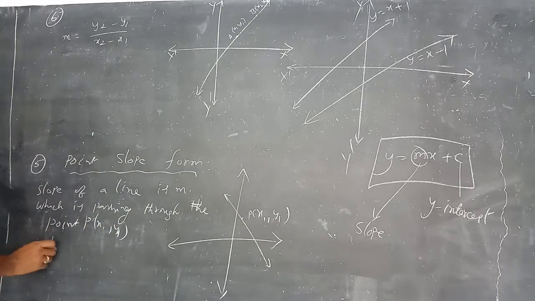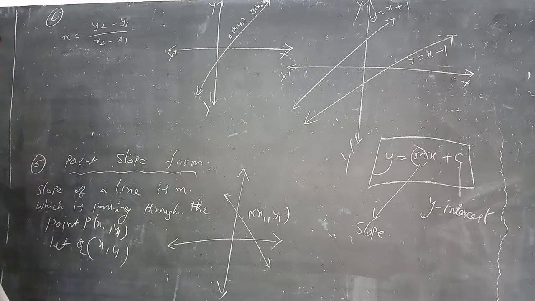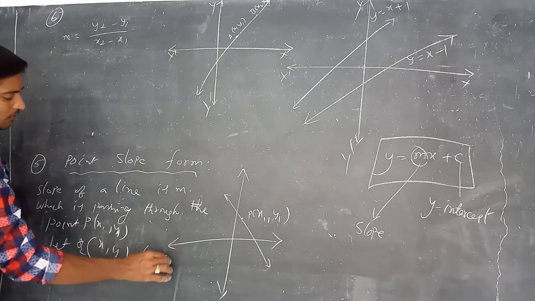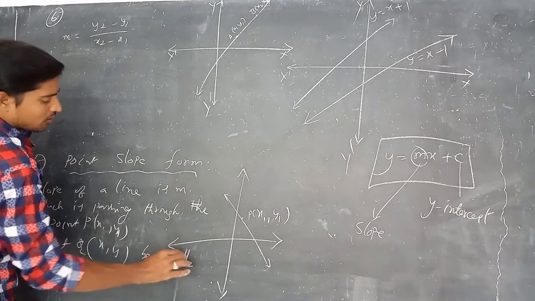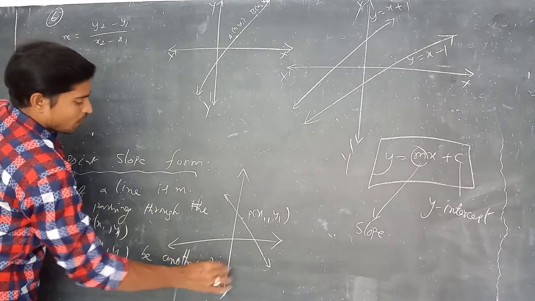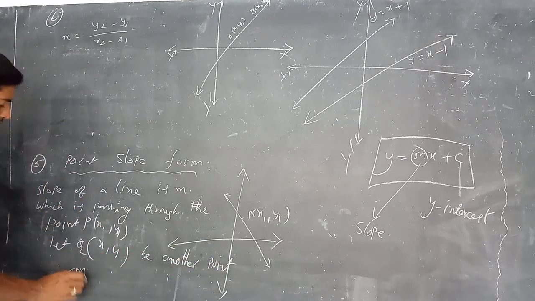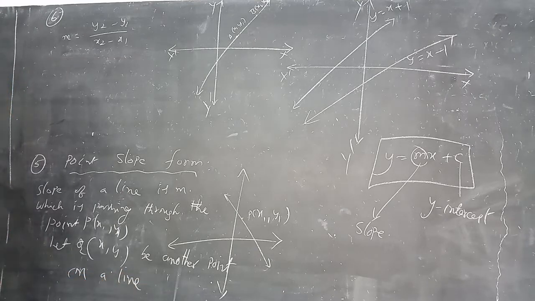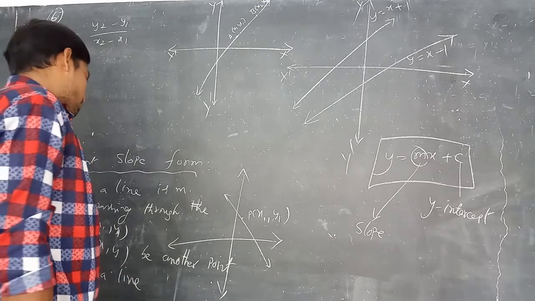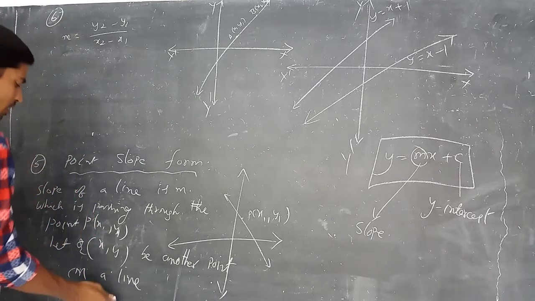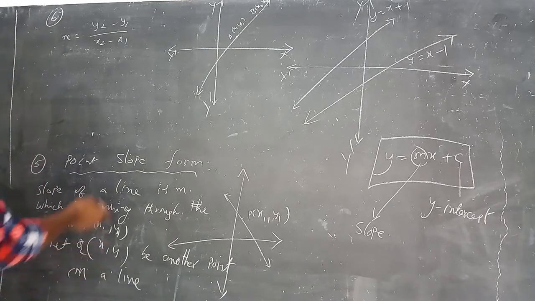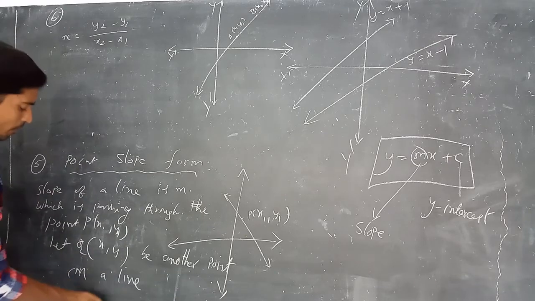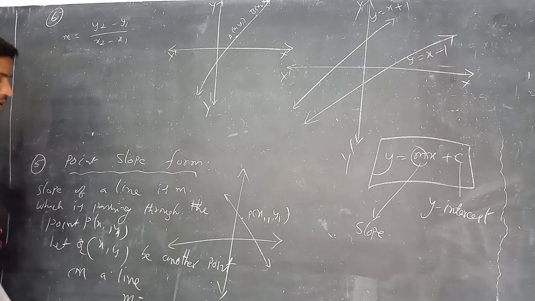Let Q (x, y) be another point on the line. Then m equals the slope, already given as m.